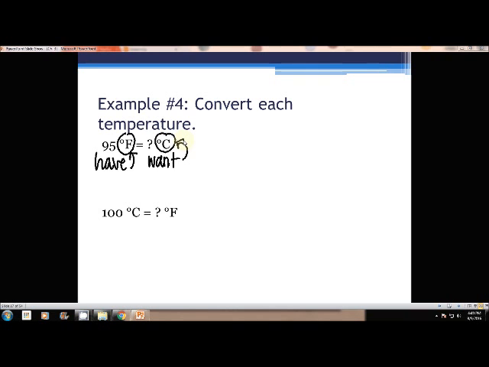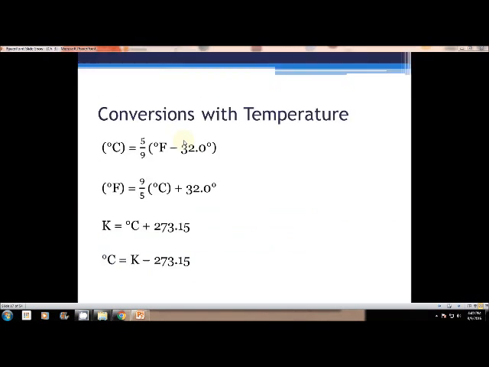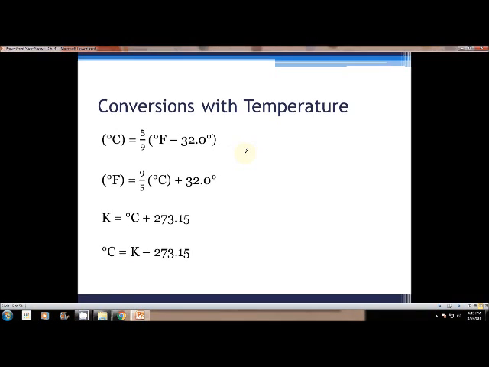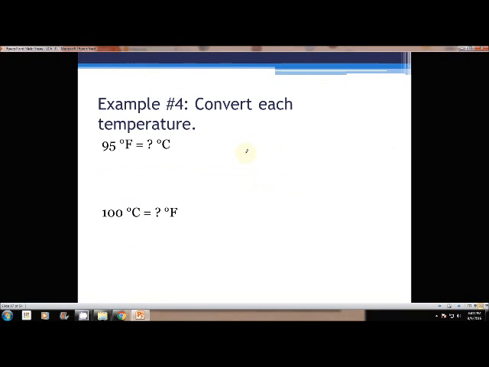So we need to find an equation where we're solving for degrees Celsius and we can plug in Fahrenheit. Well, hopefully you chose that we are going to use the top equation to do this problem.